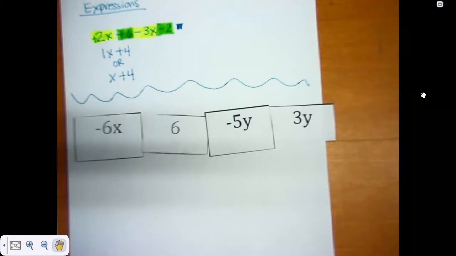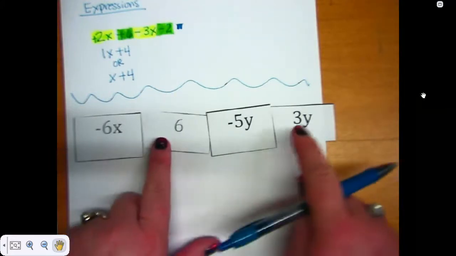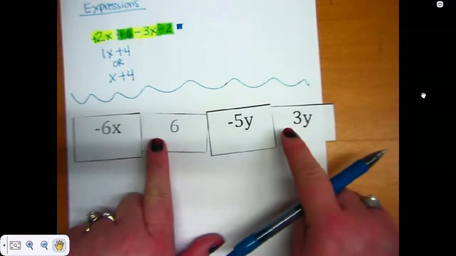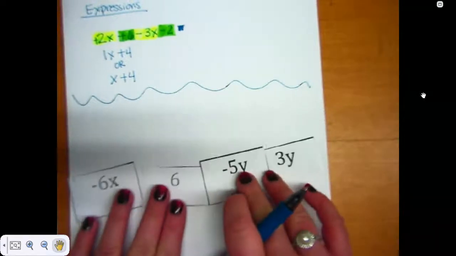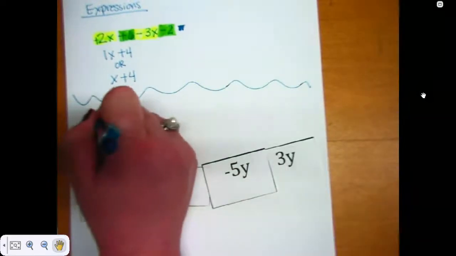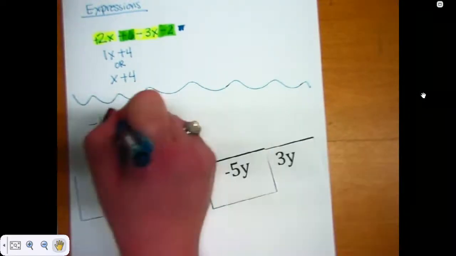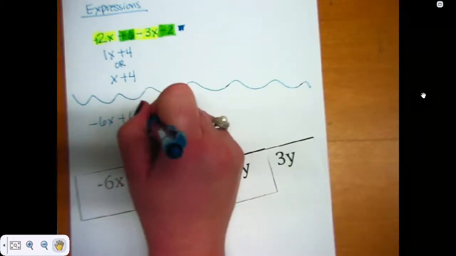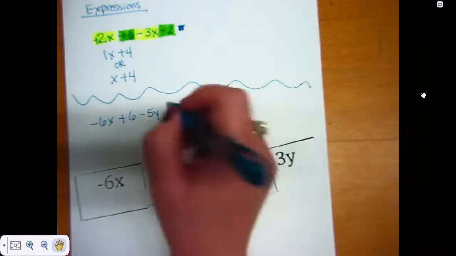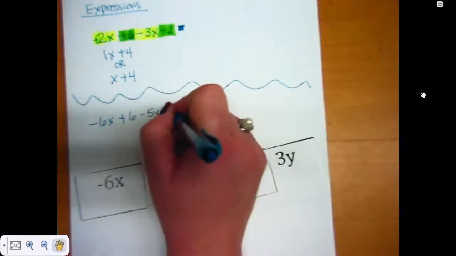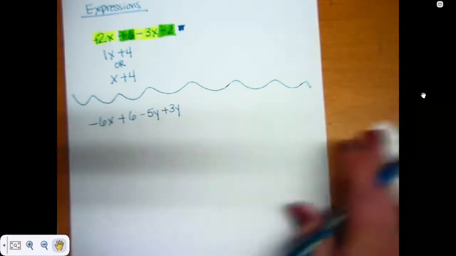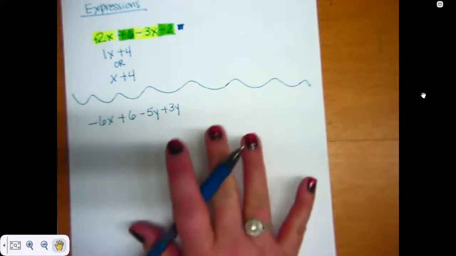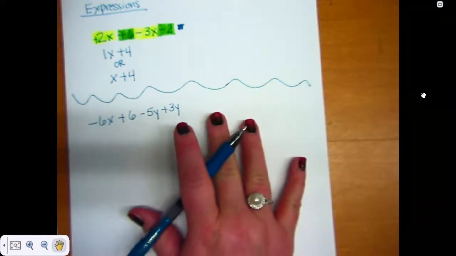I knew that because if there's no minus sign, it has a plus sign. So let me write this: negative 6x plus 6 minus 5y plus 3y. And you notice I have no equal sign because this is an expression.